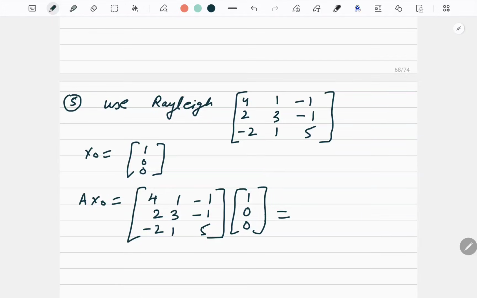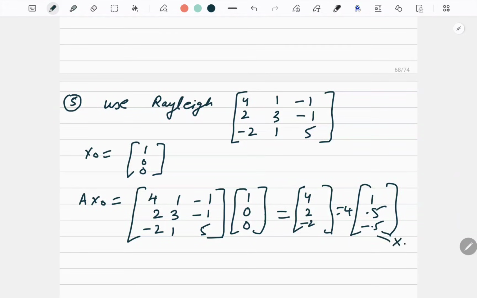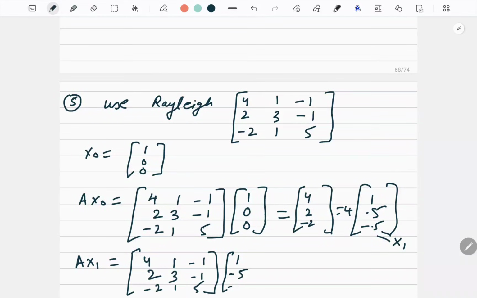Okay. So when I multiply this, I got 4, 2, minus 2. Take out 4. So I am left with 1, 0.5, minus 0.5. This becomes my x1. So next step I will multiply A by x1. So what will I get? 4, 1, minus 1, 2, 3, minus 1, minus 2, 1, 5. This I will multiply with 1, 0.5 and minus 0.5.